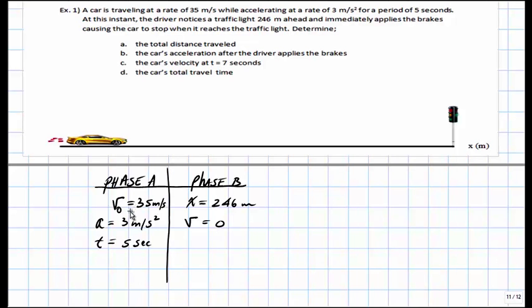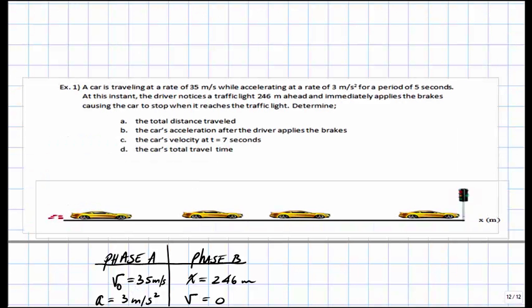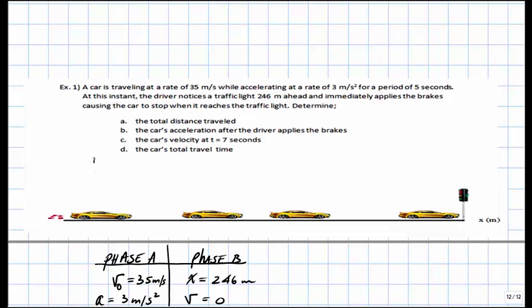Let's also include this information within our diagram. Okay, so we've drawn the car at 4 distinct locations, and the first 2 images help to identify the first phase of the problem. So this is the phase where we're starting out with 35 meters per second, and we are traveling for 5 seconds.